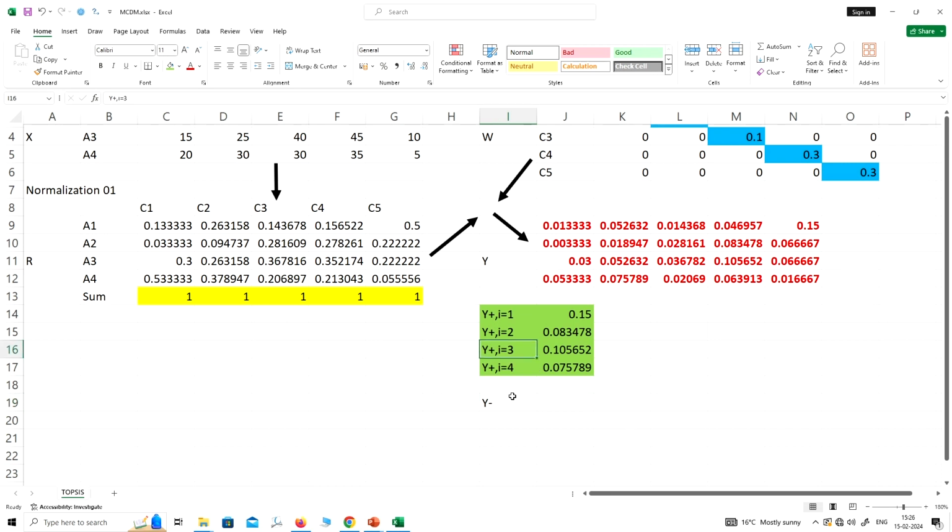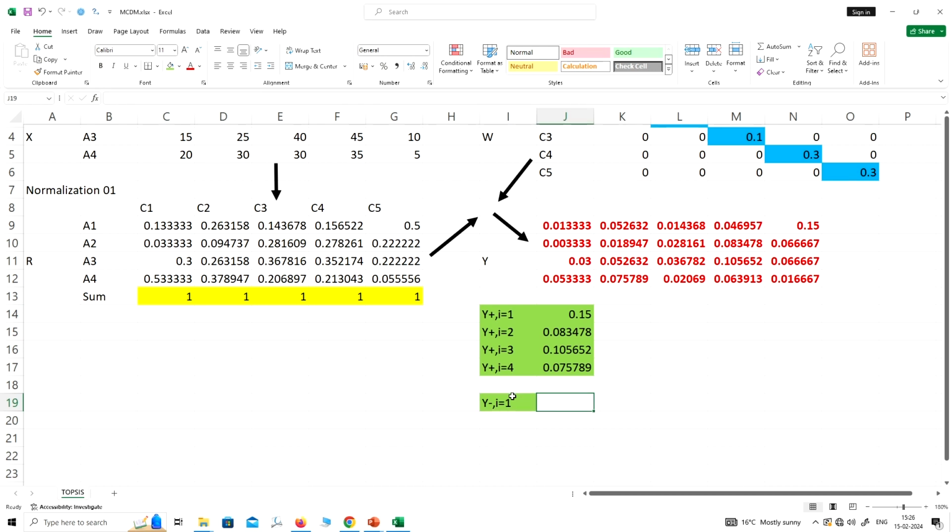Now I find the minimum. This would be y minus, but here rather than max it will be min.